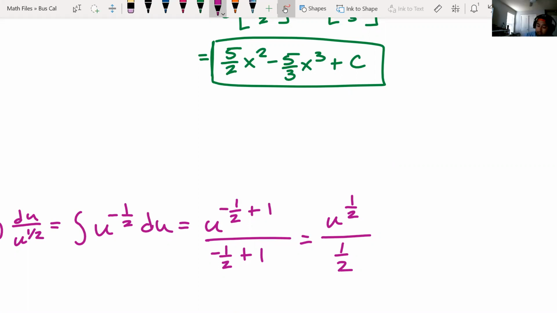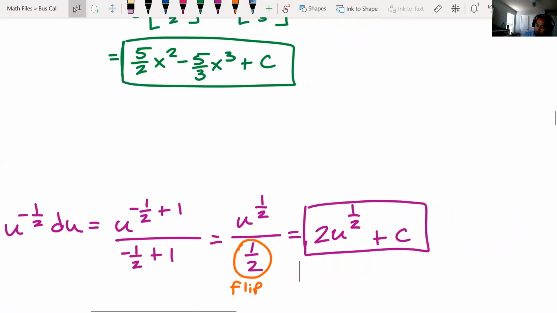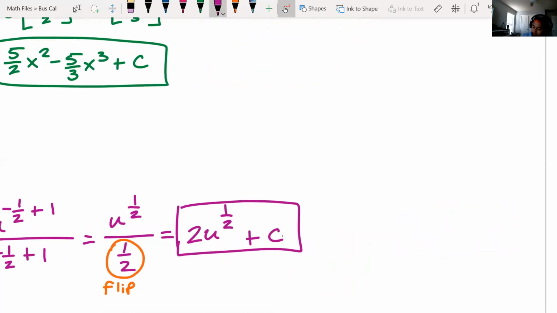And again, you can't have that fraction in the denominator, so we will flip it. And we get 2u to the 1/2 plus c. Or it may make you rewrite it as a square root. So you could rewrite it as 2 square root u plus c.